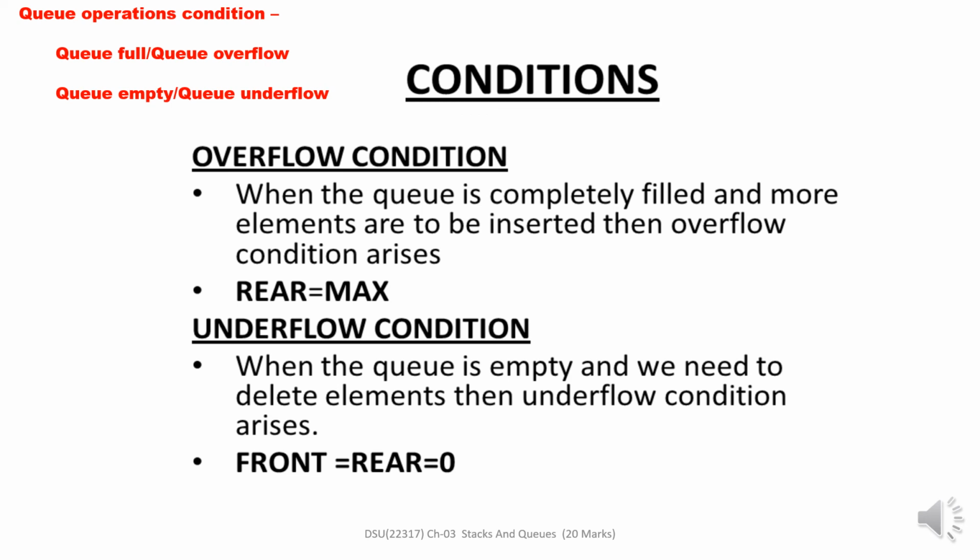Now the underflow condition is checked while deleting an element from the queue. When the queue is empty and we need to delete an element, then the underflow condition arises. In the underflow condition, front is equal to rear is equal to 0. These are the queue conditions, that is, queue underflow and queue overflow.